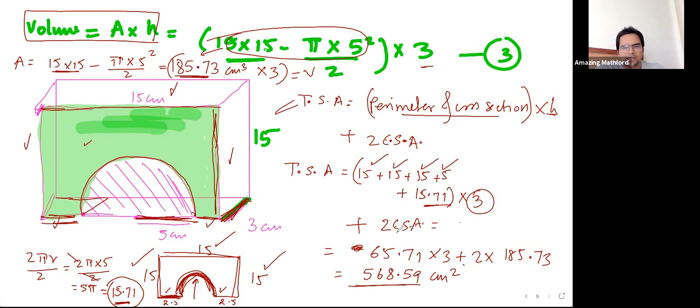Once we got that, we add 2 times cross section area to it, and the cross section area we already calculated as 185.73. So we calculate this part to be 65.73 times 3, plus 2 times cross section area, which ends up coming to 568.59. So that's how you calculate the surface area and volume of this particular shape.